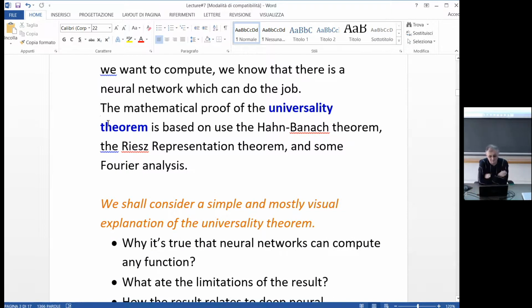The mathematical proof of the universality theorem is based on the use of the Kolmogorov-Arnold representation theorem and some Fourier analysis. I can indicate some reference if you are interested in a rigorous mathematical proof.